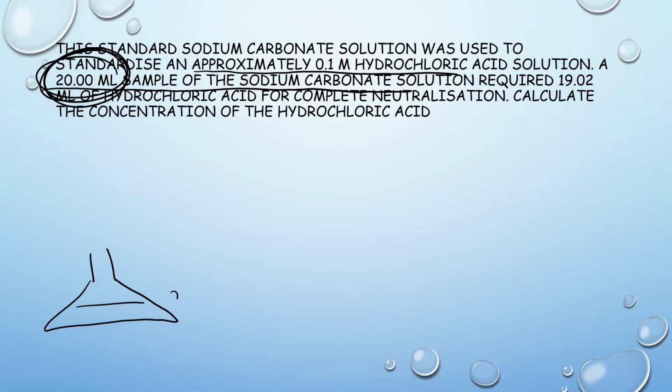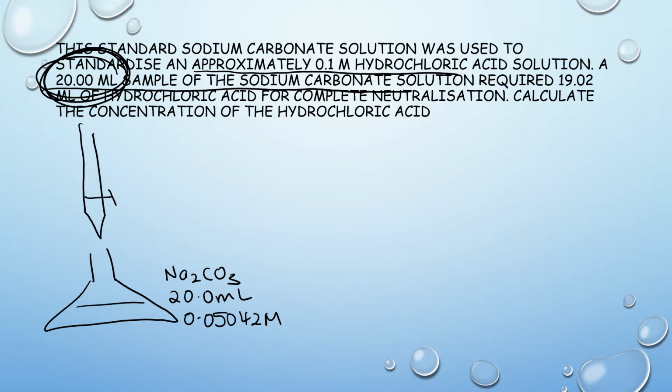So we know this has 20 ml of sodium carbonate, and we know from our previous calculation that the concentration is 0.05042 molar. We know that accurately because it's the primary standard. We are now going to titrate our hydrochloric acid, and we know that we had 19.02 ml.